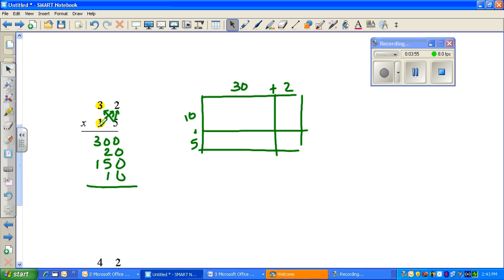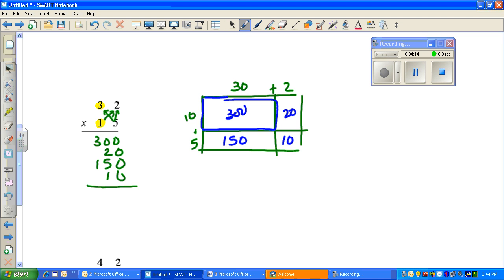In this first big rectangle, 30 by 10 is 300, 2 by 10 is 20, 30 by 5 is 150, and 2 by 5 is 10. Lining up, all four numbers do appear.